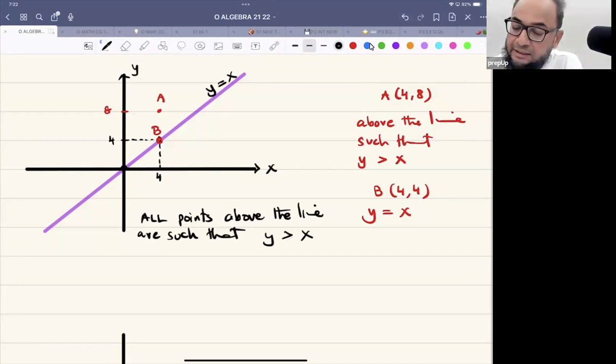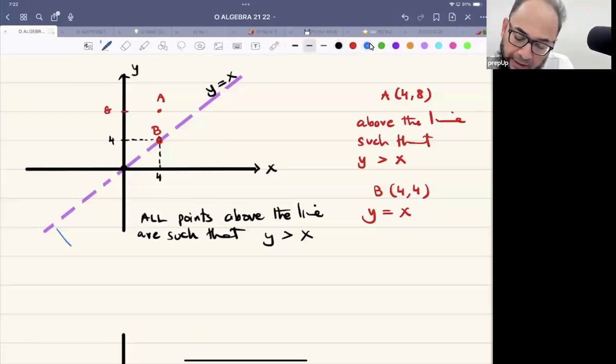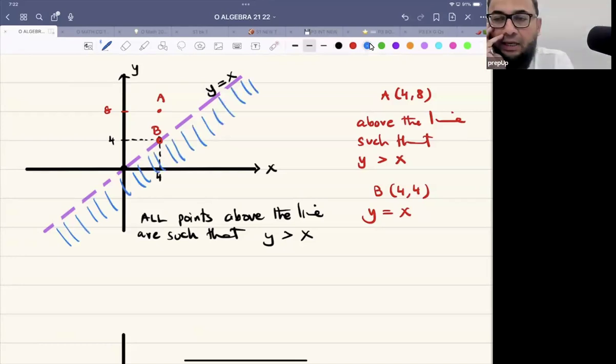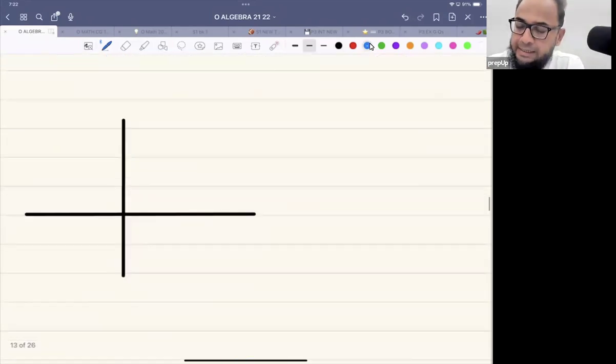And if this line is a solid line, let me choose a precision eraser, I'm just making it dotted like this. So now it's a strict inequality. Therefore, I should shade this region. This is the unwanted region. The proper region is above the line. Is this all good, all clear? Now I won't go much deeper into this because this is just a basic kind of question. Just remember the standard, we will just follow this. Something like, let's put in two inequalities.